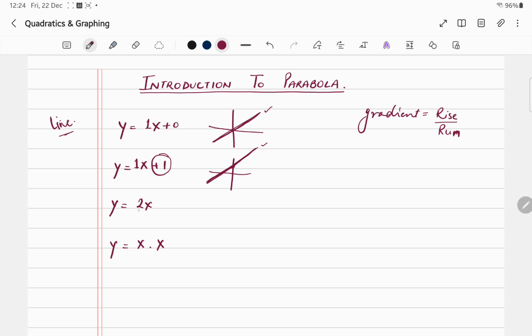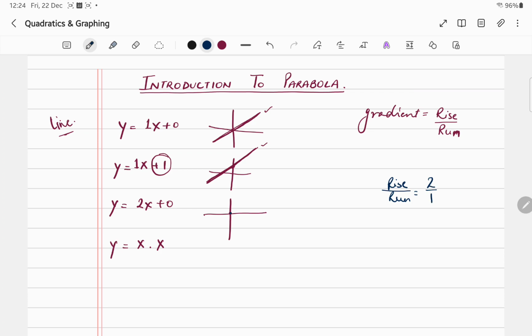What happens when we multiply by 2? So it's now 2x. Instead of 1, the gradient is now 2. If we draw this, it is at 0, so it will pass through that; its y-intercept is 0. But think about it: is it parallel to the line that is above? Because the gradient has doubled, rise over run is now 2 over 1.